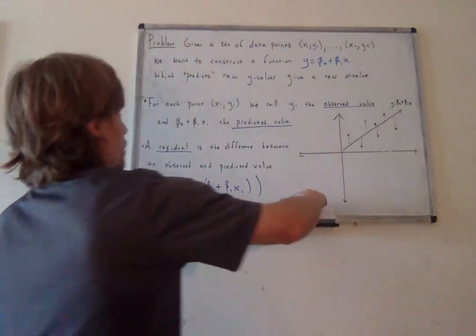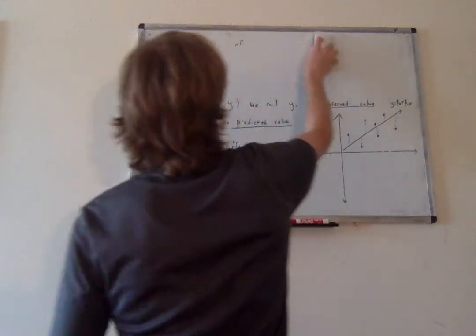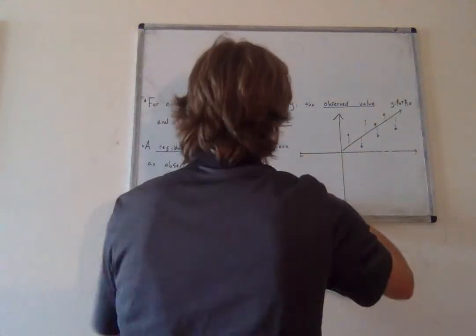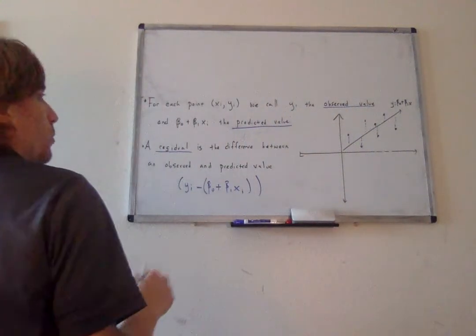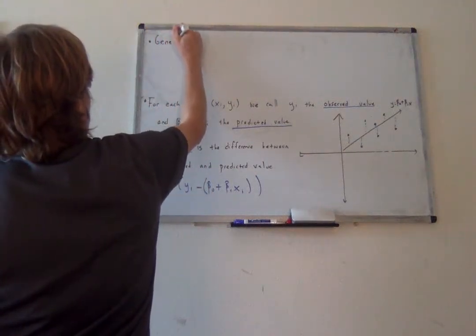So generally, how we want to calculate this function y equals beta naught plus beta 1 times x is the following.